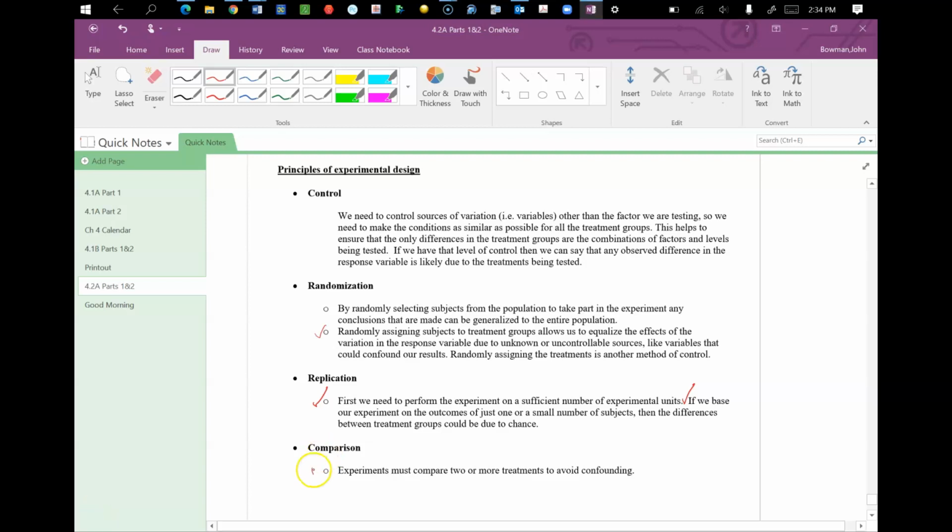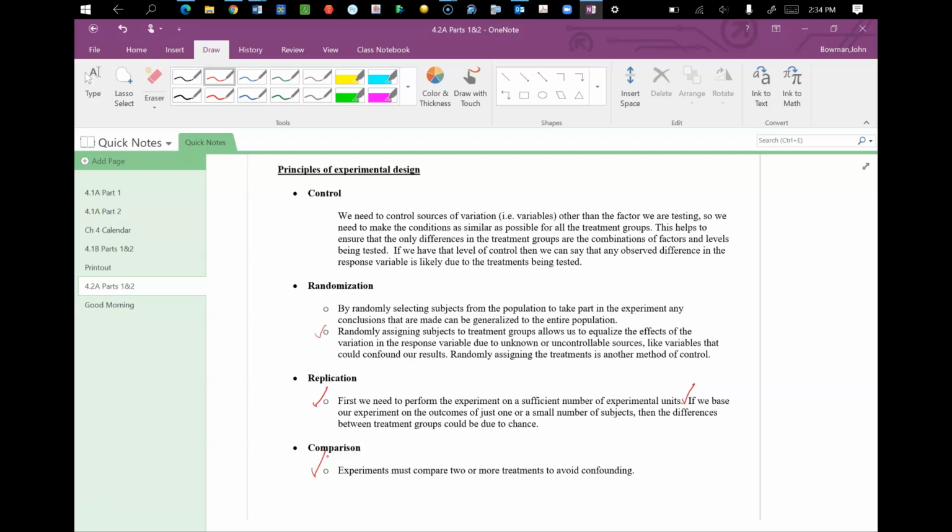The last aspect of experimental design that we want to talk about is comparison. If we want to avoid confounding, we need to make comparisons. And here's an example of that. Let's say that I propose that yoga helps reduce people's stress.